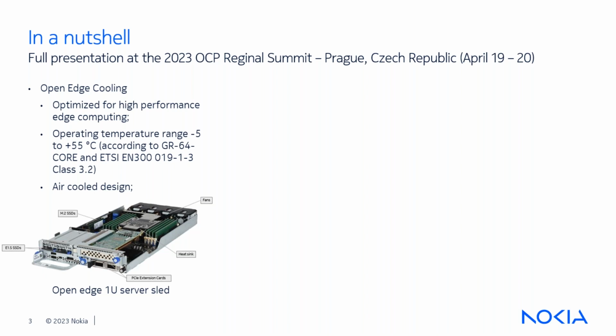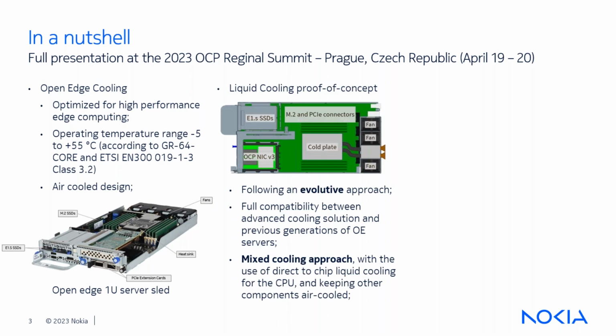But the idea of this viability study is to investigate the potential of these OpenEdge servers to be converted to other advanced cooling solutions, including the pumped liquid cooling that we studied here.